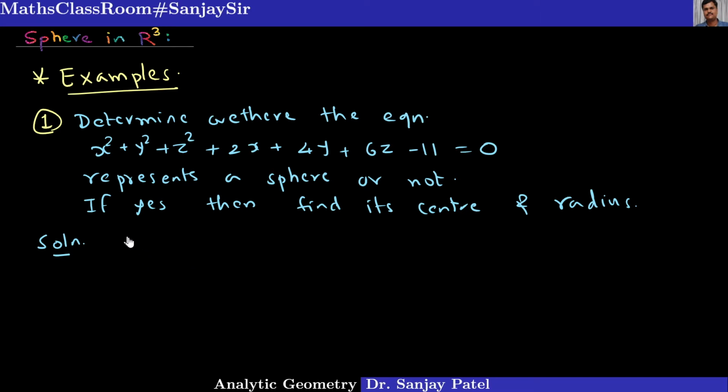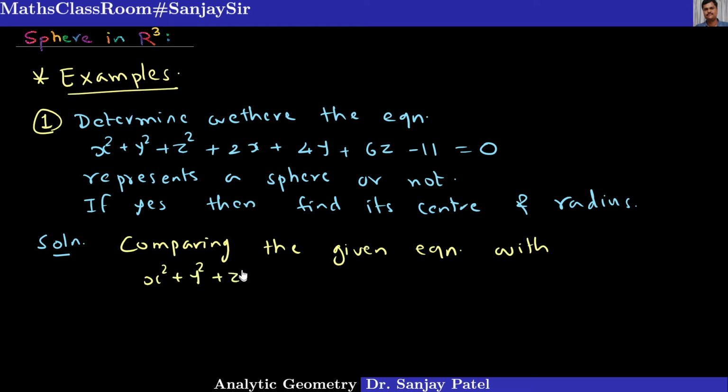First of all, comparing the given equation with the general equation x square plus y square plus z square plus 2ux plus 2vy plus 2wz plus d equal to 0, we get: see 2x, x coefficient is 2 here, and here x coefficient is 2u.